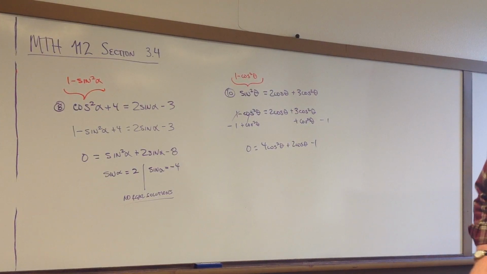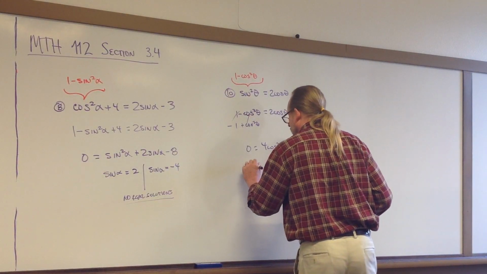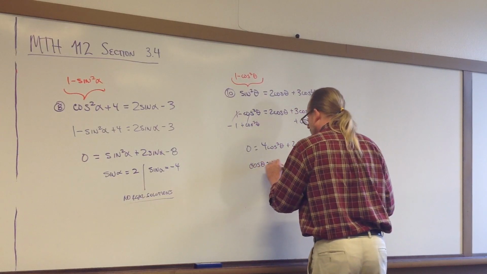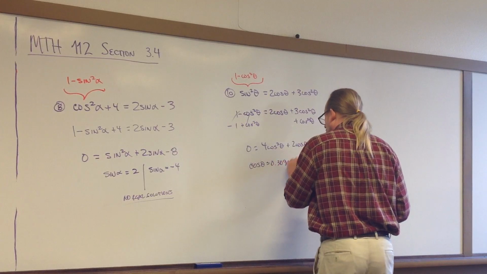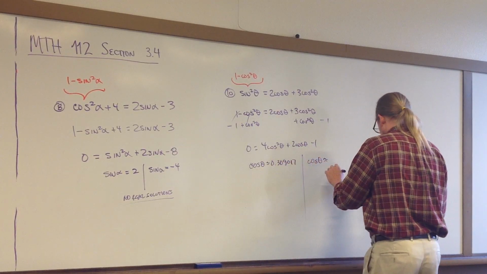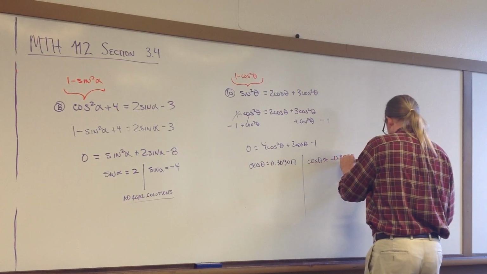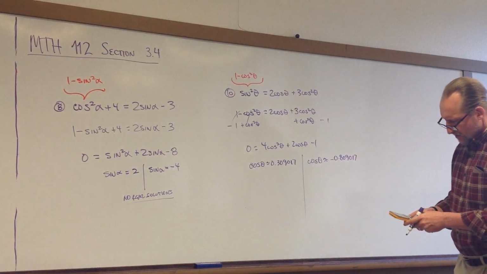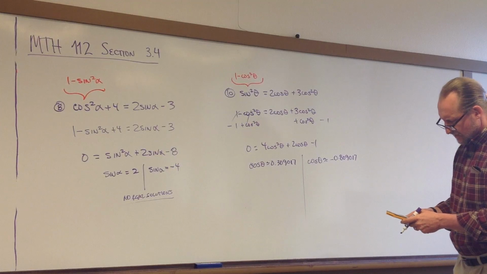And let's see here. So our solutions for cosine theta is approximately 0.309017, or cosine theta is approximately -0.809017. Okay, let's take the inverse cosine.